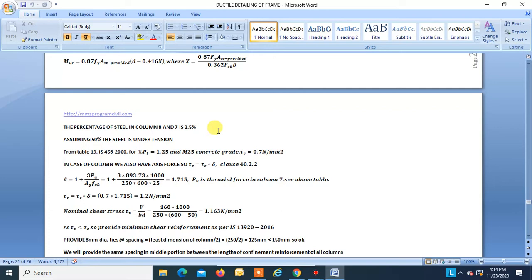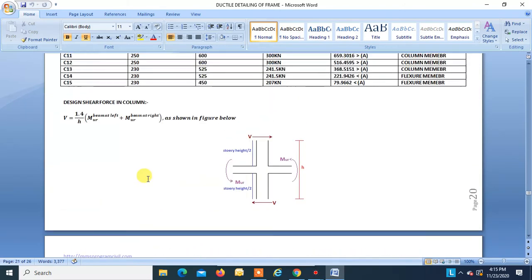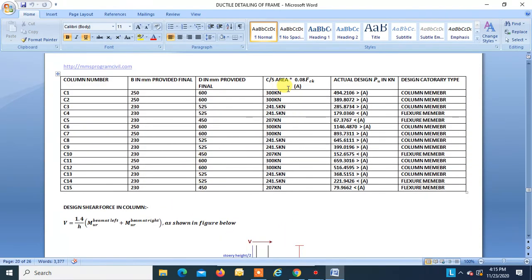Now in column we have axial force. This axial force will definitely increase the permissible shear stress of the concrete. So our formula will become tau c equal to tau c into delta, where delta is equal to 1 plus 3 Pu divided by Ag fck. Pu is the design load. We are taking column number 7, and the axial load Pu for column number 7 is 893.73.